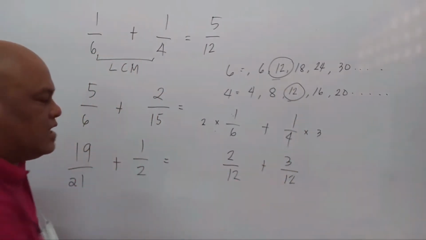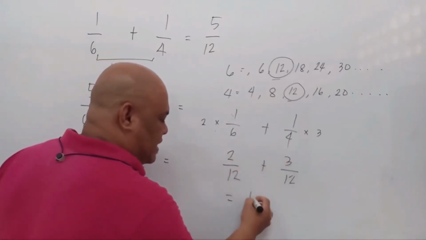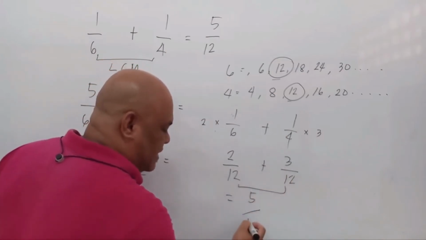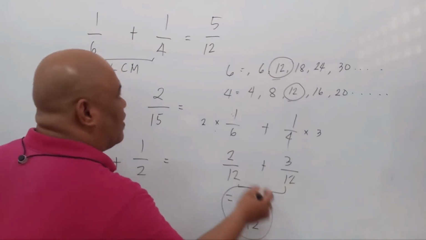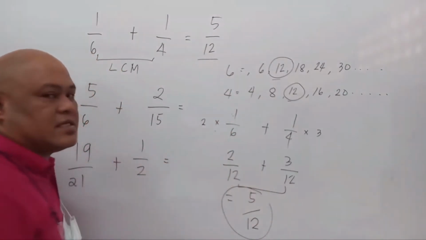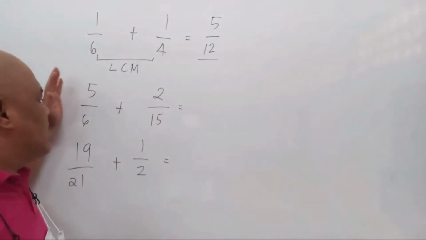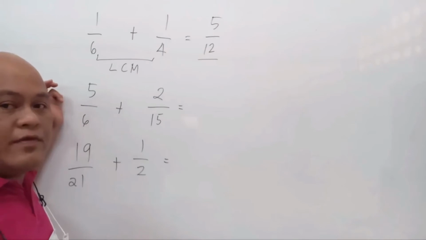So the answer is 2 plus 3 is 5. And you only have to copy the denominator. So the answer is 5 over 12. This is correct. Next, number 2 is 5 over 6 plus 2 over 15.